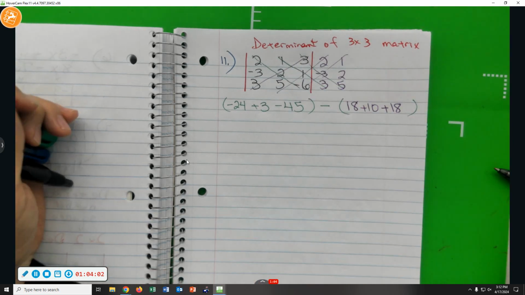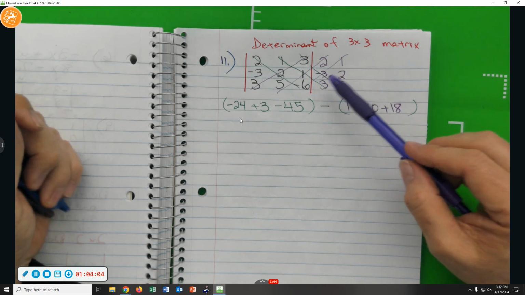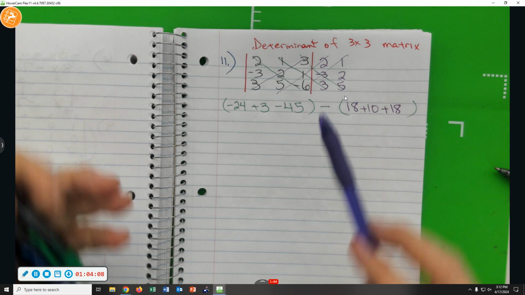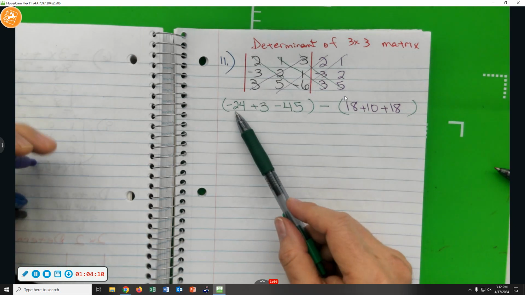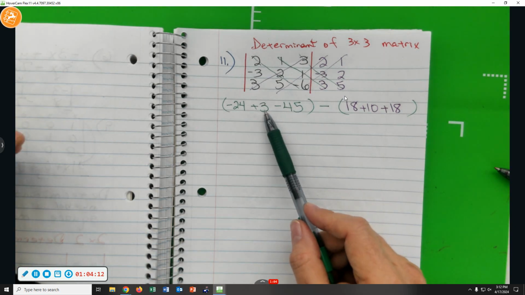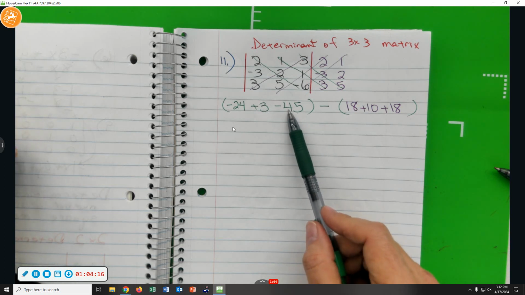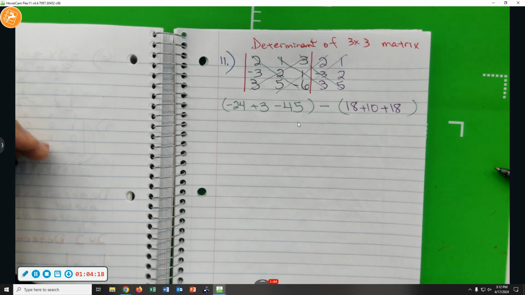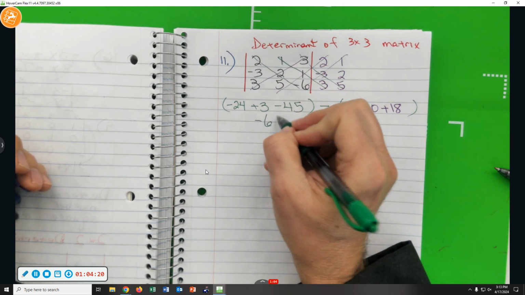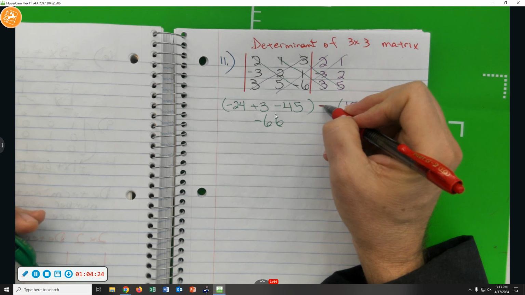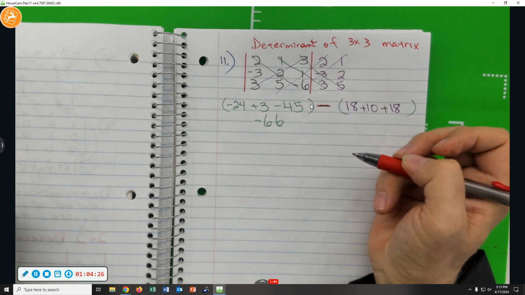To see all of the diagonals, you have to recopy the first 2 columns. Now simplify inside the parentheses. Negative 12 plus 3 is negative 9. Negative 9 minus 45 is negative 54. This minus here is the minus from the definition.